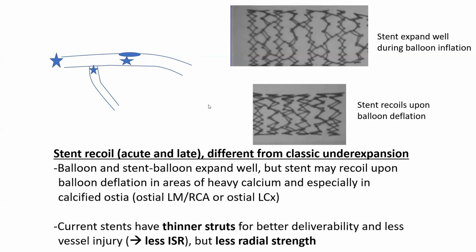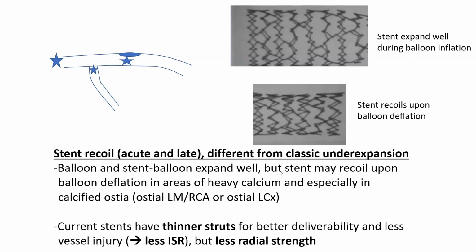One study in neurointervention suggested that you can treat it using multiple high-pressure post-dilatations. So instead of doing one prolonged post-dilatation, do multiple short 10-second over 20 atmosphere post-dilatations. This in vitro study showed that you may prevent or reduce stent recoil.